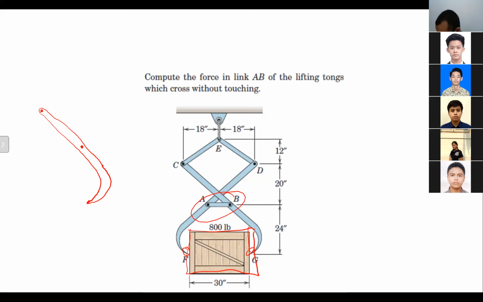External force CE. Do you know the direction? Just make it outside, tension. So the line of action is supposed to be like this. We can assume tension or compression, actually it's up to you. So now we assume it as tension at C, F_CE.